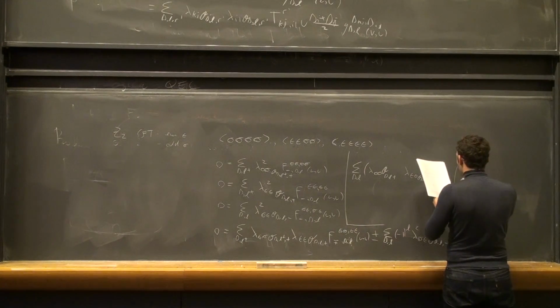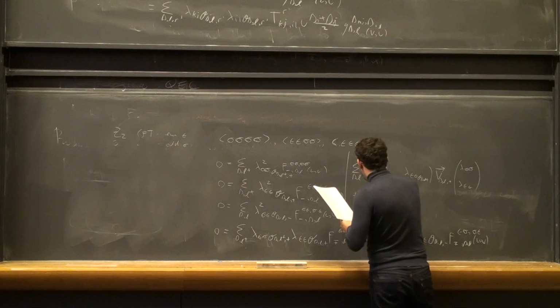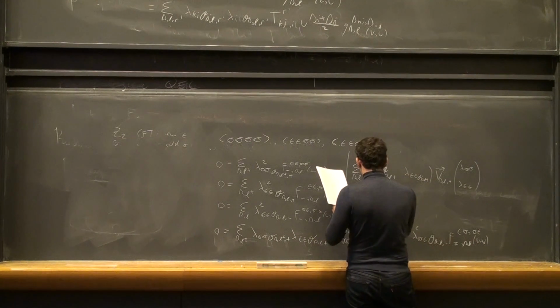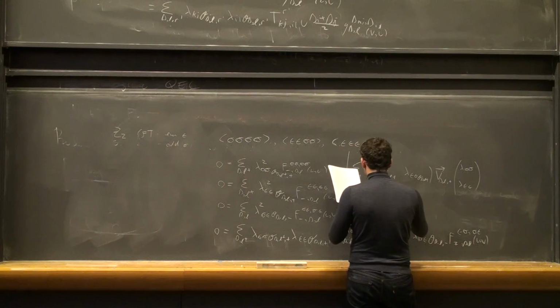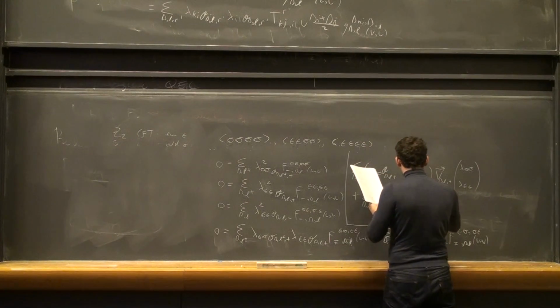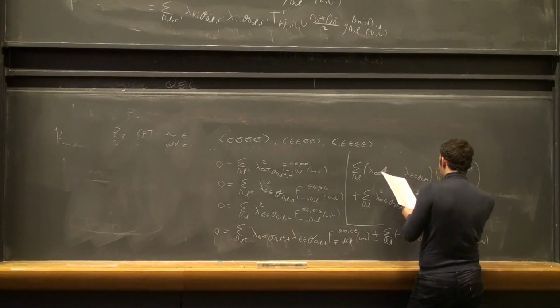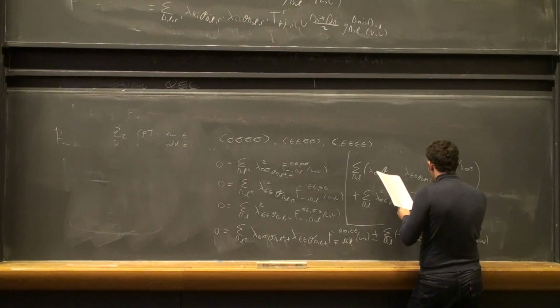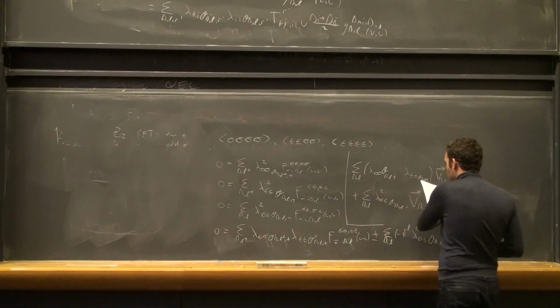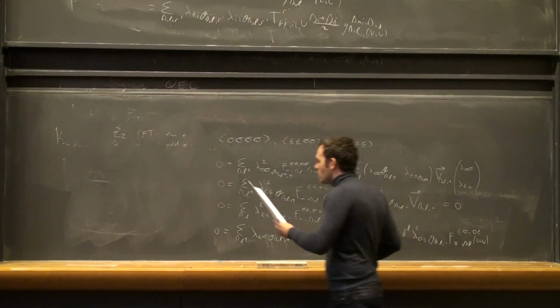I won't write out the whole thing just for simplicity. And then plus a simpler term where it's just sigma epsilon O delta L minus squared times another vector, but this is just a vector of scalar quantity. So this isn't a 2 by 2 matrix. And this is for the odd representations. And this whole thing equals 0. So this is just a rewriting of that with the following definition of V's.